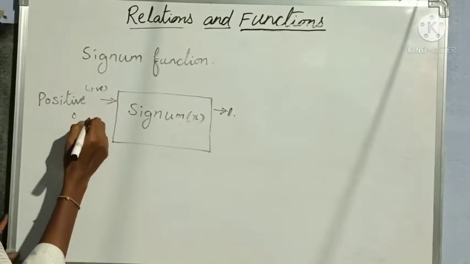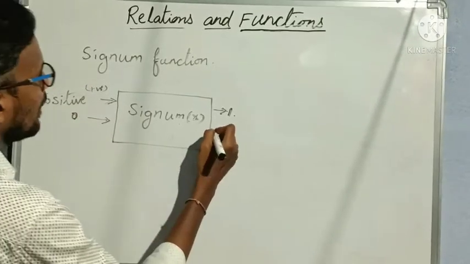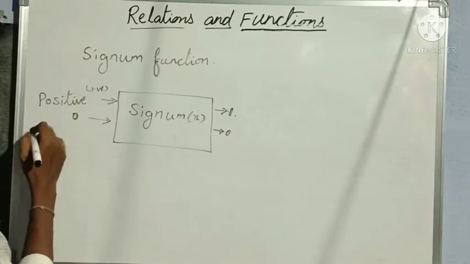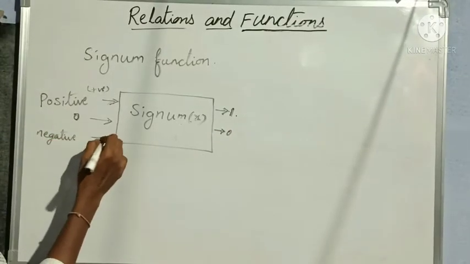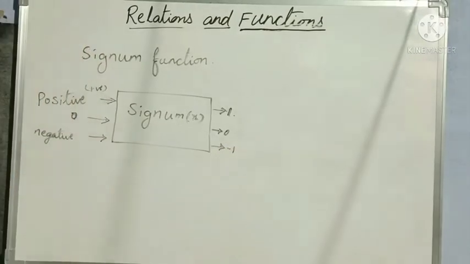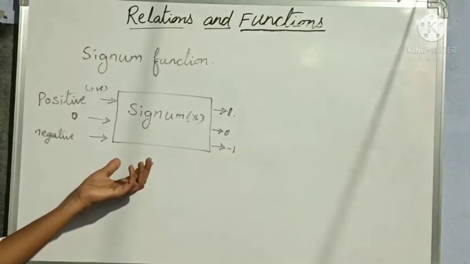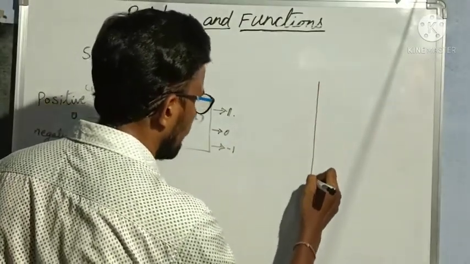When we give 0 as the x value, the y value is also 0. If we give a negative value of x, then the value of y will always be minus 1. This function is called the signum function. So let us plot the graph for the signum function.